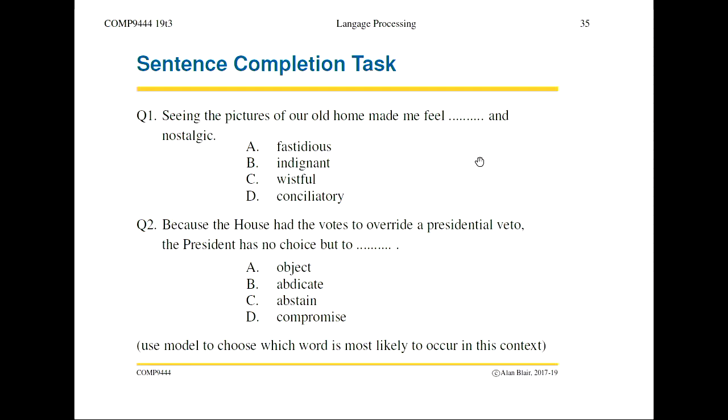For example: "Seeing the pictures of our old home made me feel something and nostalgic." Which word is most likely to go in that context? We can use these word embeddings. Think about how we would use the word embeddings to answer this question.